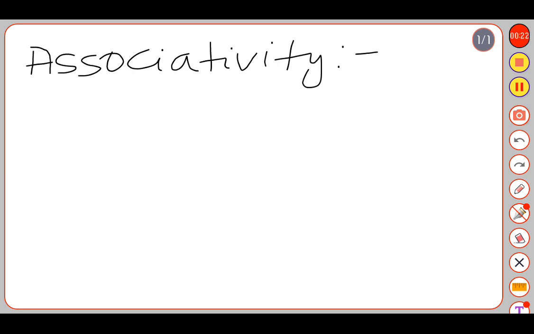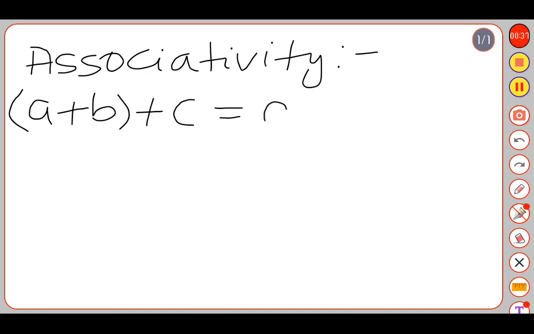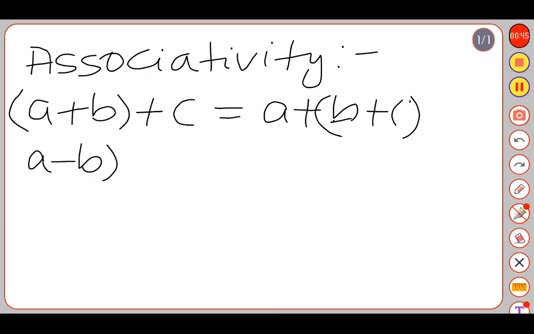Associativity. So, for a number to follow the associative law, it must obey the following rules. For addition, (a + b) + c must equal a + (b + c). For subtraction, (a - b) - c must equal a - (b - c).